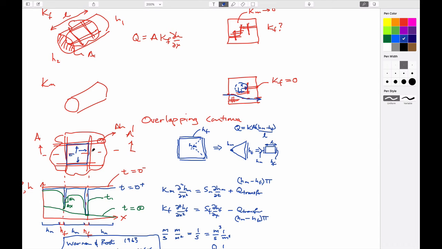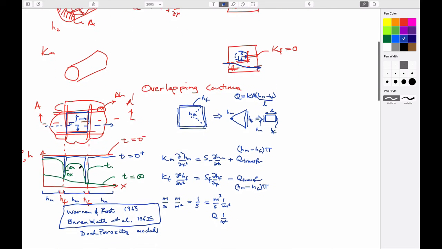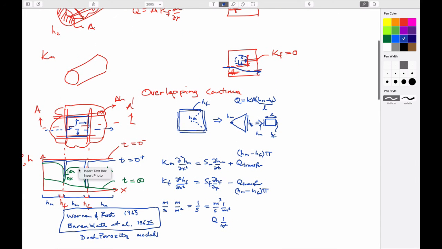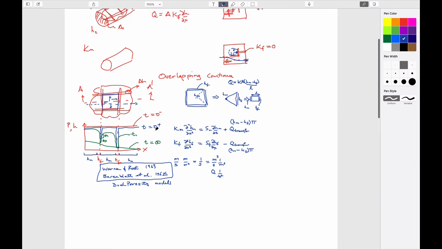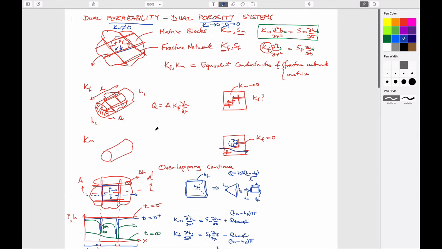But in a dual permeability system, once the storage is depleted from the blocks into the fractures, it can still flow across the system through the blocks in addition to flow through the fractures. So it's maybe a small difference between them, but they are different. Functionally, it doesn't make much difference to the outcomes. Okay. So those are dual permeability systems.